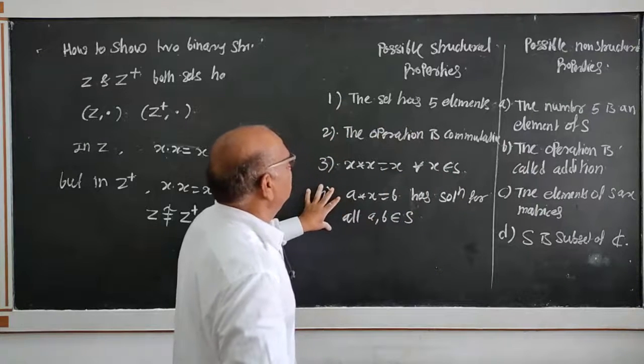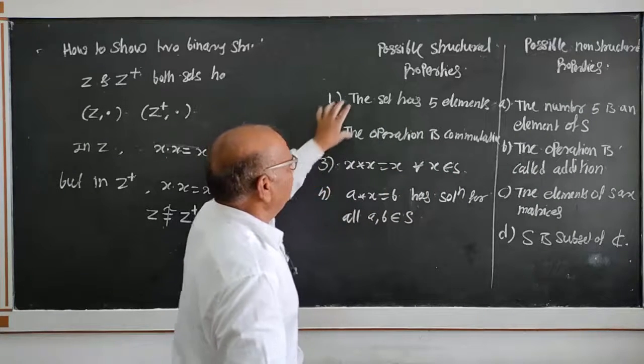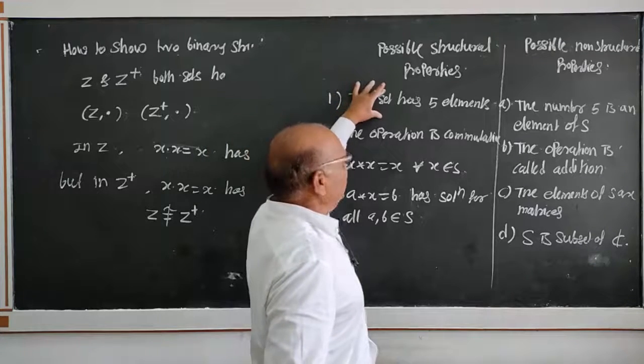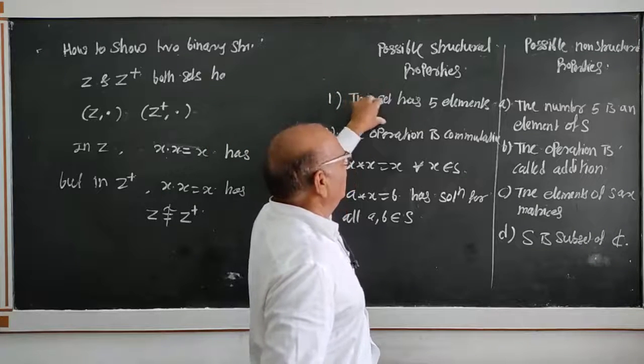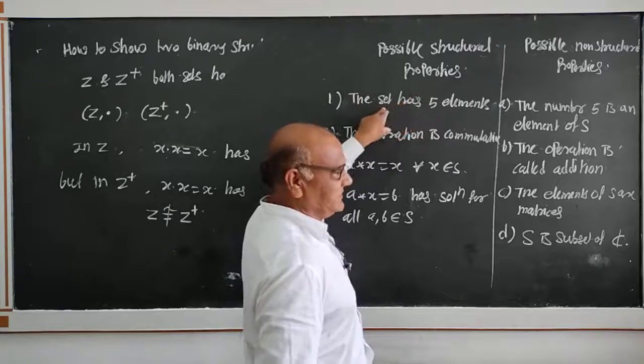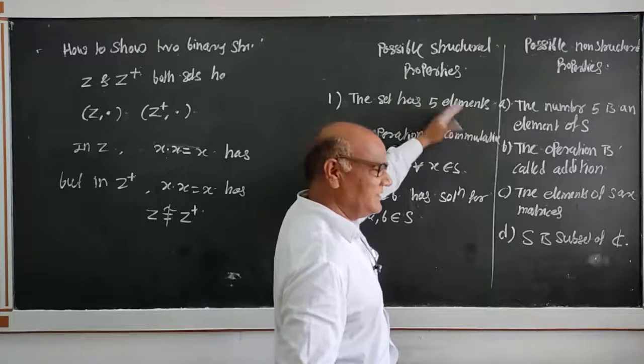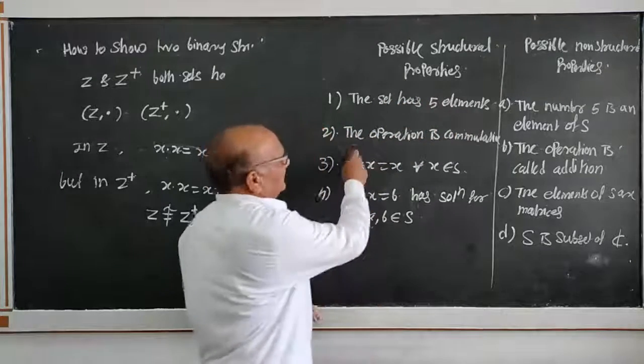These are structural properties. That means each set has 5 elements. That means S has 5 elements, S dash also 5. This is a structural property.